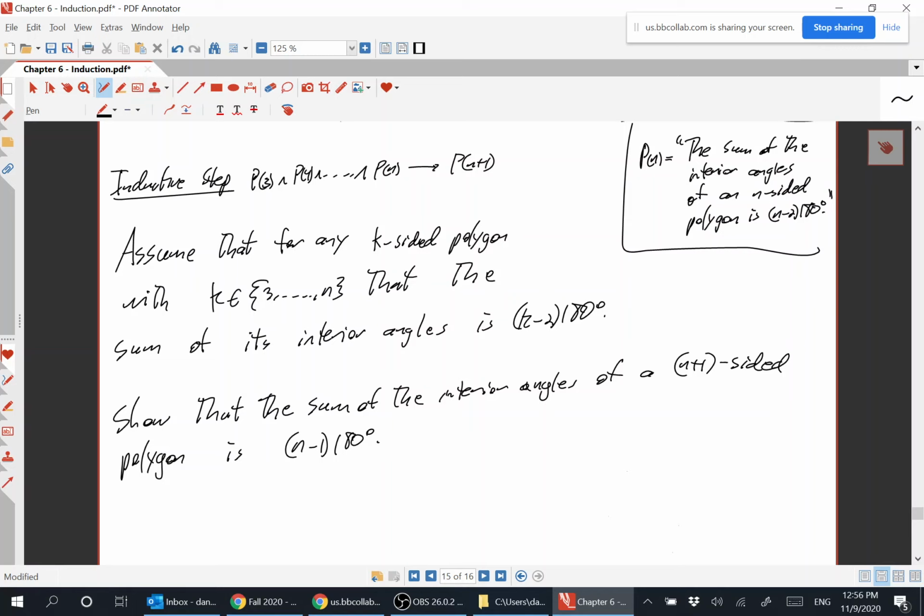We want to write down a statement assuming this is true for certain values of n, values between 3 and this number n. Since we can't use n to mean two different things, you have to pick a new letter to work with. So assume that for any k-sided polygon with k between 3 and n, the sum of its interior angles is k minus 2 times 180.